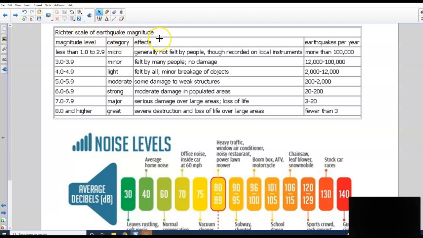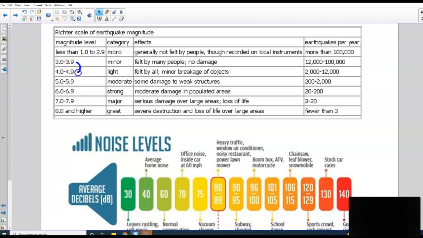Here's an example of the Richter scale. I just pulled one here. What you have to remember about logarithmic scales is whenever you're talking about logarithms, let's say if this is log base 10, we're thinking 10 to what power gives us this number. So each step on the Richter scale is actually 10 times stronger, right?